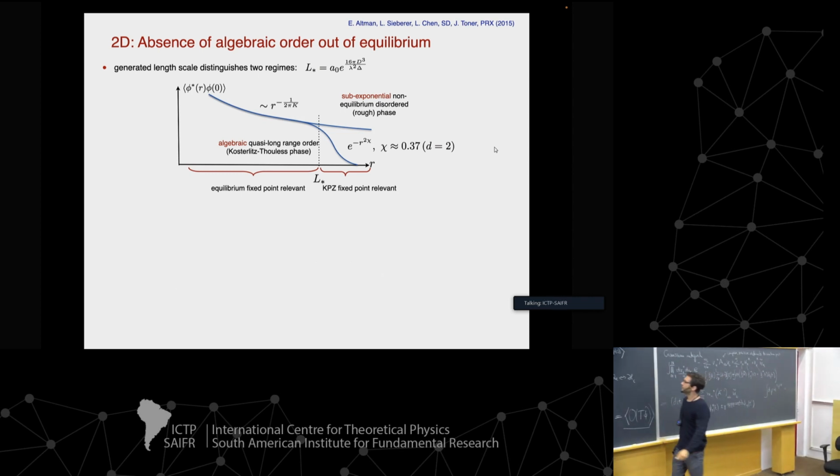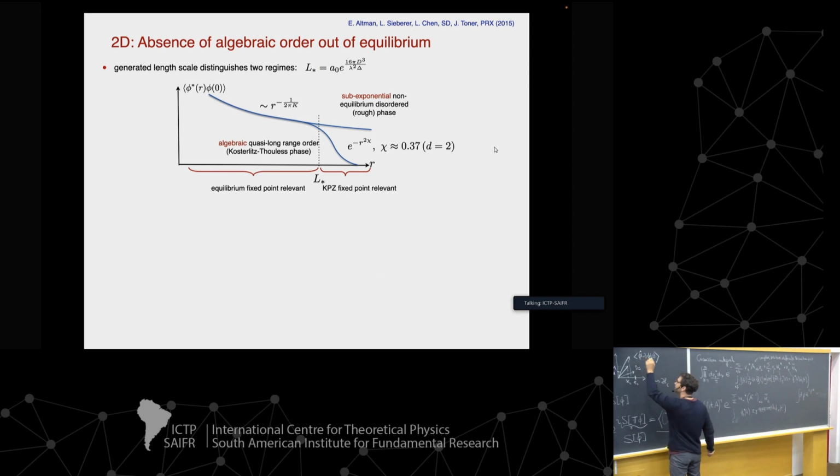And as I said, we can approximate this by its phase fluctuations. So it's something like n0 e to the minus 1/2 times the expectation value of the phase variable theta at position r minus theta at position 0, this thing squared.